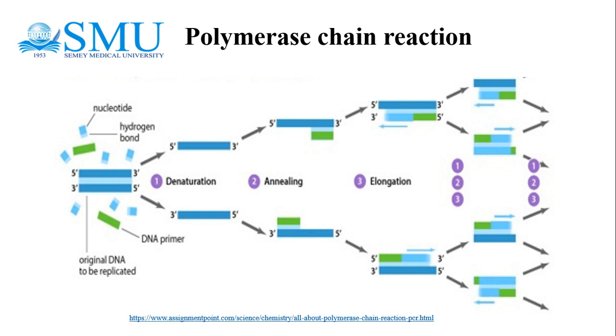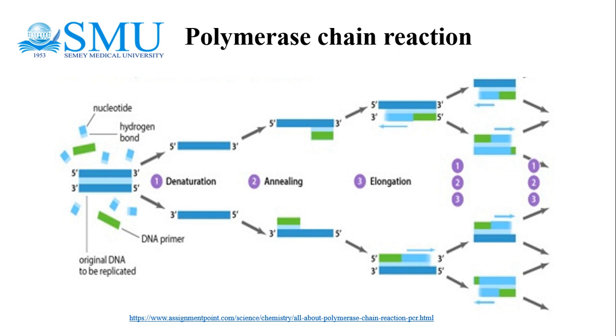Polymerase chain reaction is a technology in molecular biology used to amplify a single or few copies of a piece of DNA to generate millions of copies of DNA. It was developed by Kary B. Mullis, for which he and Michael Smith were awarded the Nobel Prize in Chemistry in 1993.